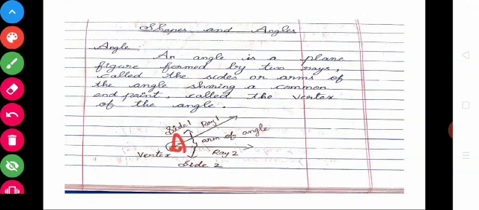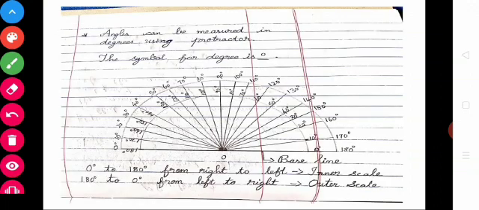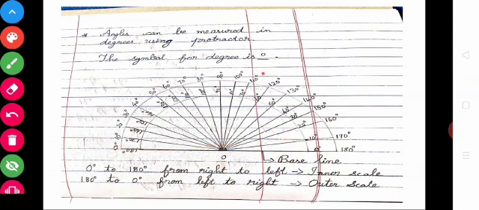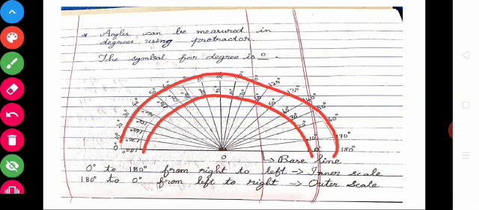The common end point is called the vertex of the angle. See the next one. Angles can be measured in degrees using a protractor. This word, protractor. The symbol for degree is this, and here two scales are there. This is the inner scale, this one is the outer scale, and this is the baseline.